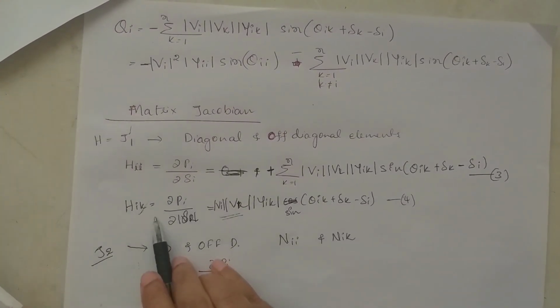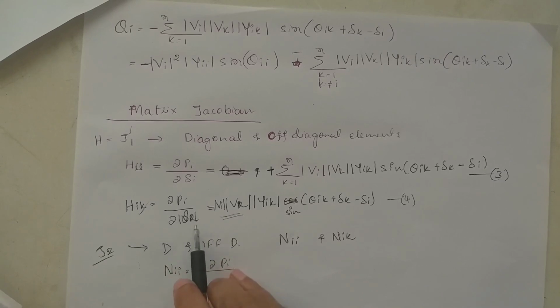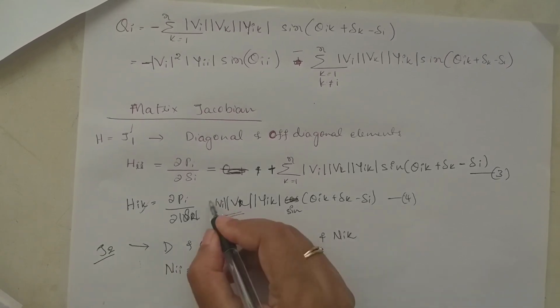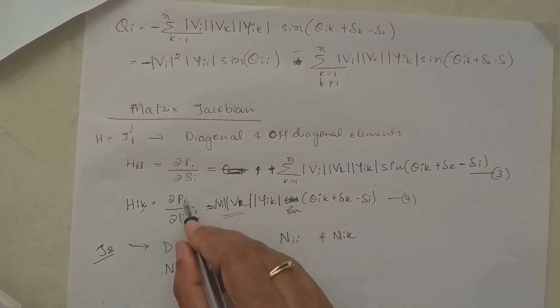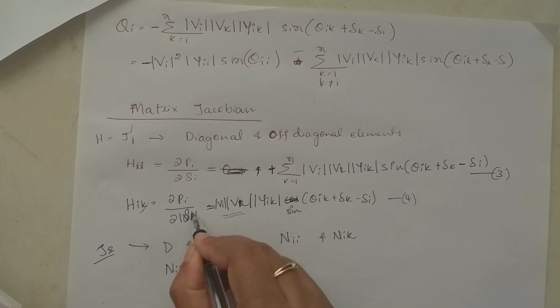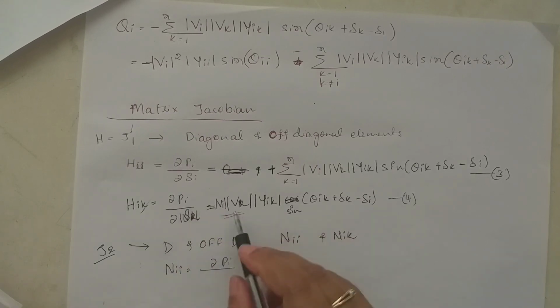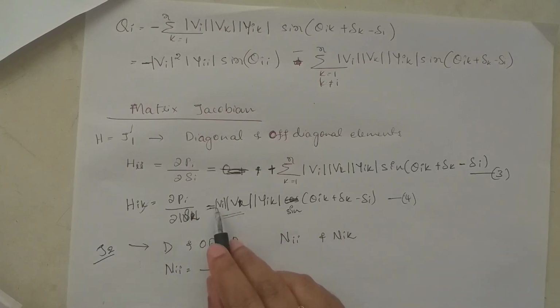Next, Hik, which is partial differentiation of Pi with respect to delta k. I mean off diagonal element. Okay, we are not supposed to take summation, just neglect the summation.